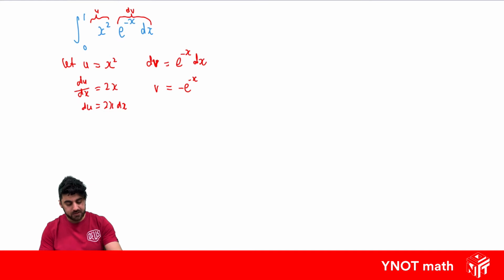Remember, that's the integral of u dv equals uv minus the integral of v du. So u times v, we're going to get minus x squared e to the minus x minus the integral of v, which is minus e to the minus x, times du, which is 2x dx.